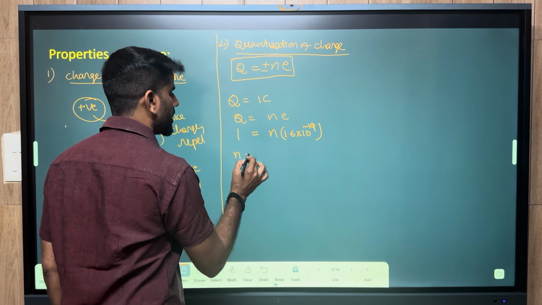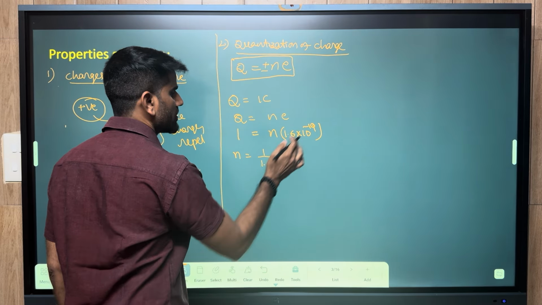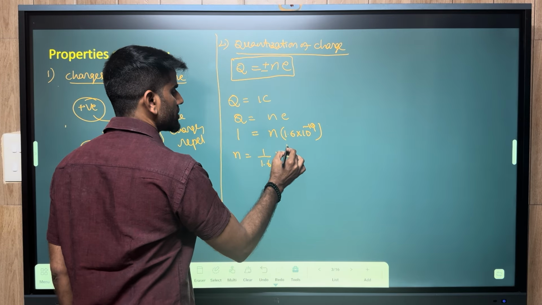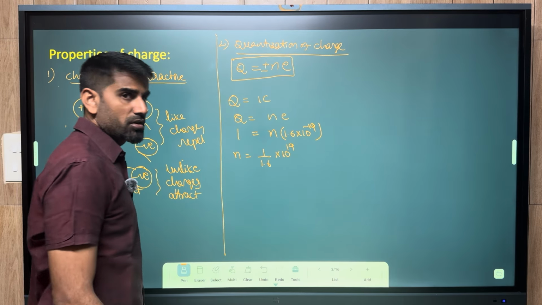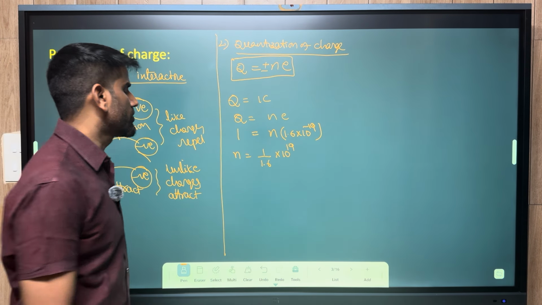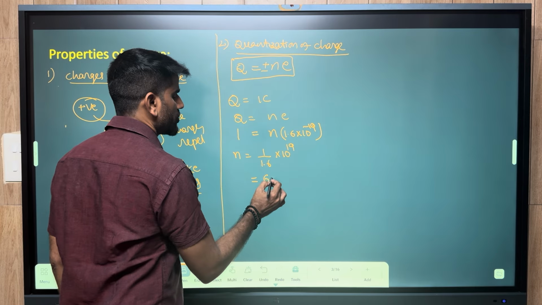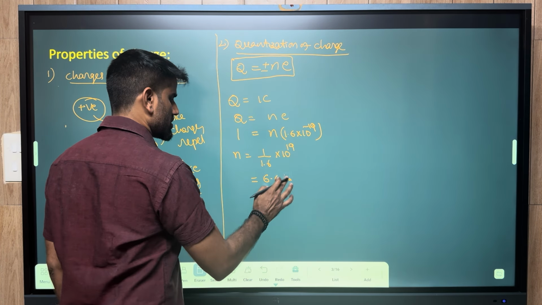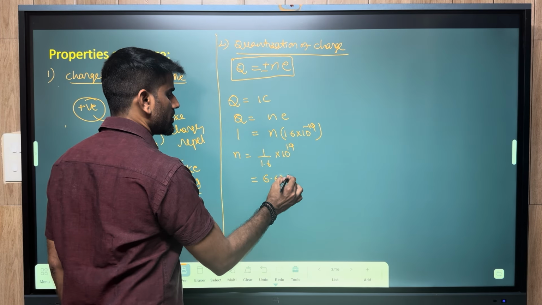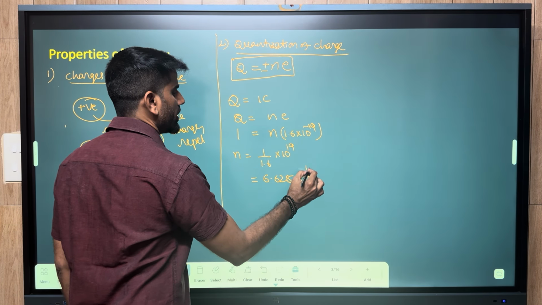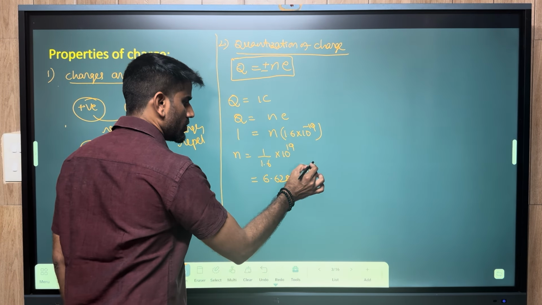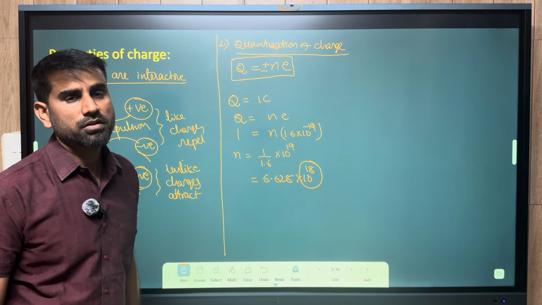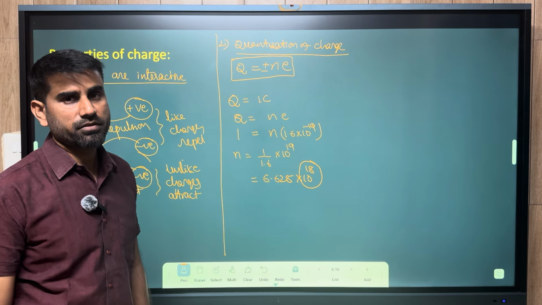Now let's find the n value, which is 1 by 1.6 times the 10 to the power minus 19 in the denominator, which goes to the numerator and becomes 10 to the power 19. Now if I calculate this value, it is 6.25 times 10 to the power 18. So in order to get 1 coulomb of charge, I require about 6.25 times 10 to the power 18 electrons.